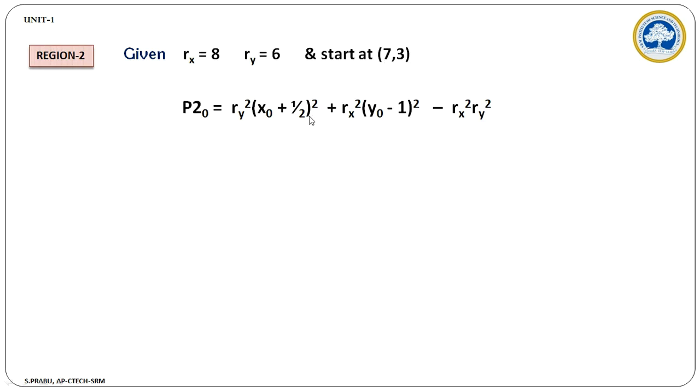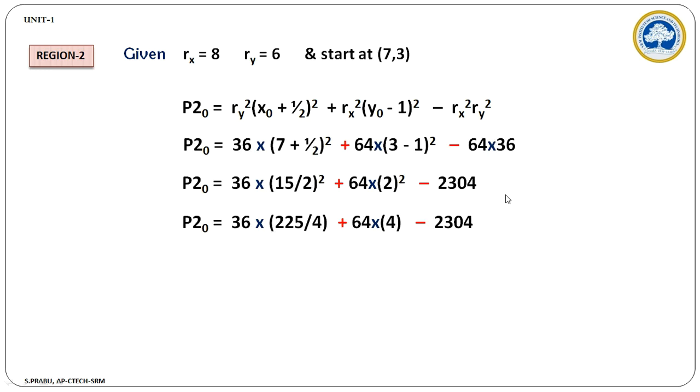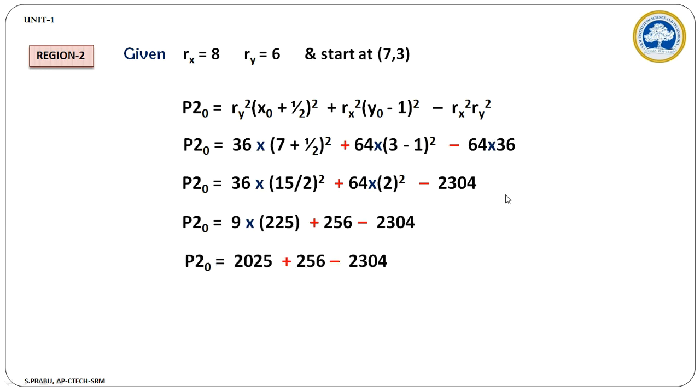So this is the initial decision parameter formula for region 2. Then I apply the values here. So here the x0 and y0 is starting point of region 2, that is 7, 3. So I substitute this value here, so I can get this equation. So after simplification, I can get this value. So finally I can get the value for initial decision parameter for region 2 is minus 23.